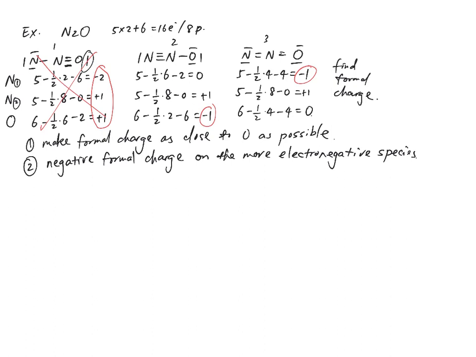Now looking at oxygen and nitrogen. If you have a periodic table, you look at it, the trend of electronegativity increases going left to right, and oxygen is directly to the right of nitrogen. So oxygen has higher electronegativity, so the -1 formal charge should be on oxygen.